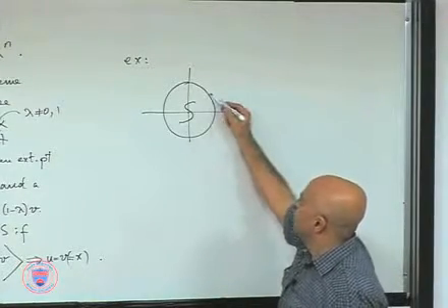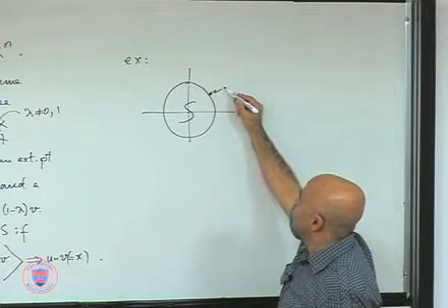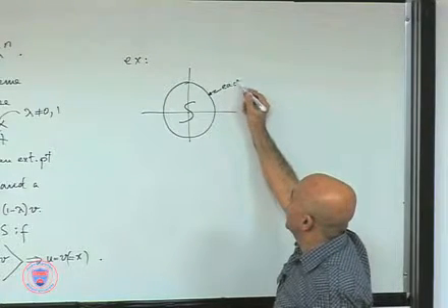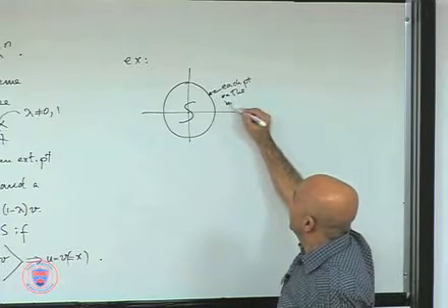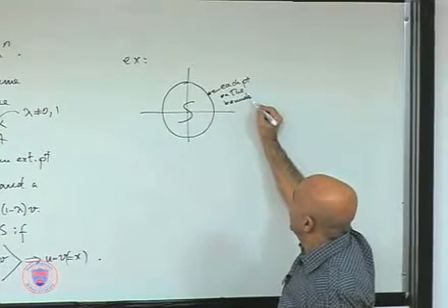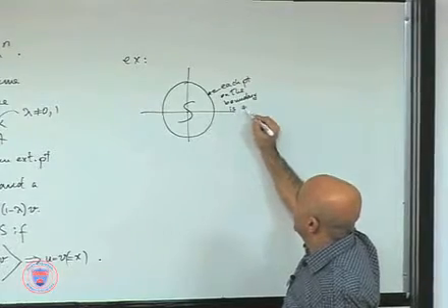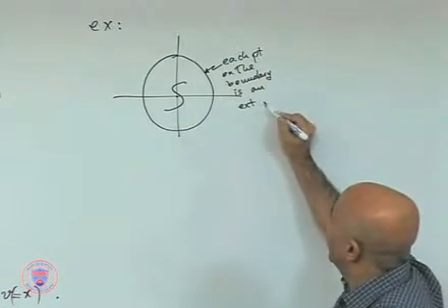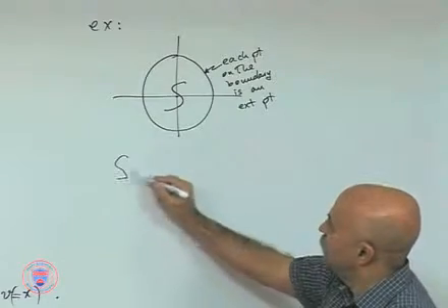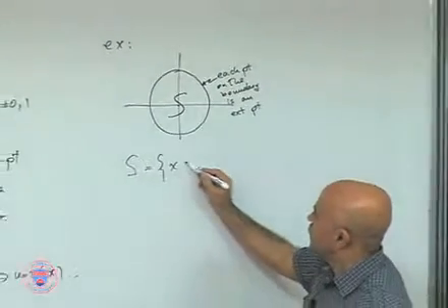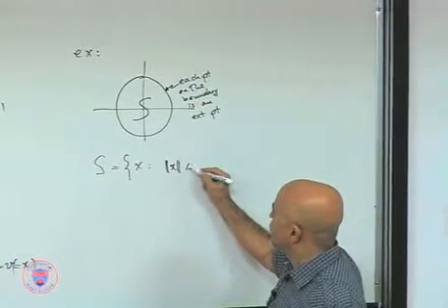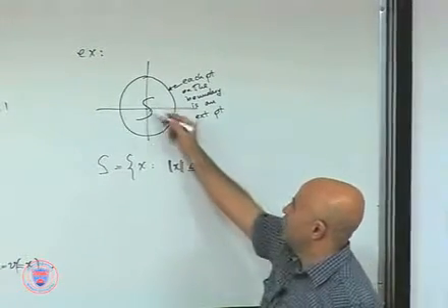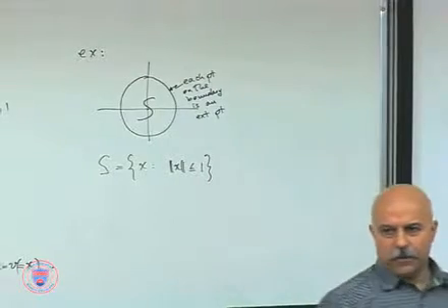Each point on the boundary is an extreme point. All right, the definition of S in this case is the set of points X such that the norm is less than or equal to 1, assuming that the radius of the disk is 1. Okay?